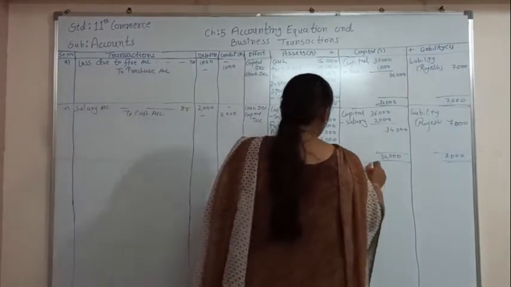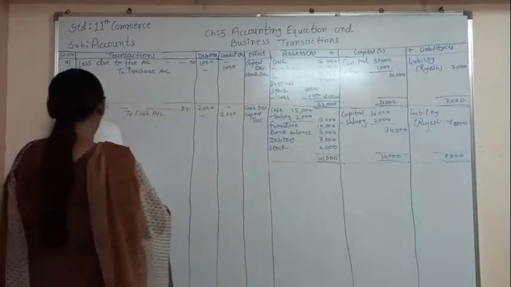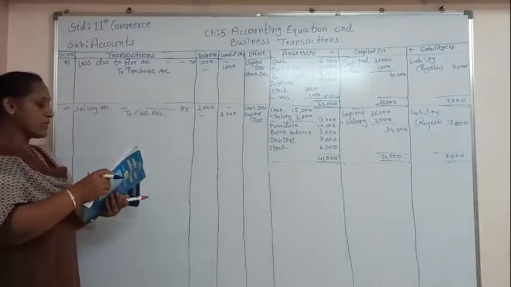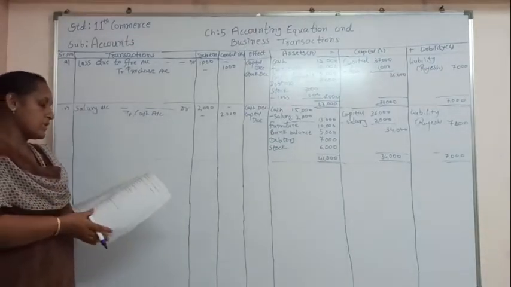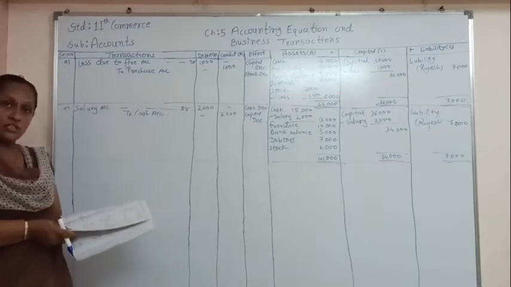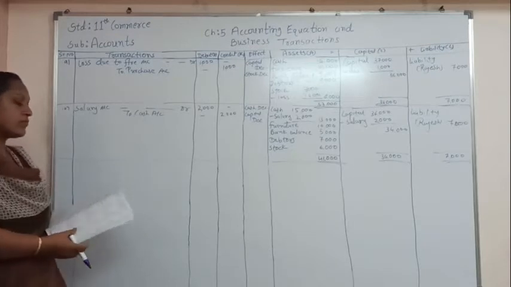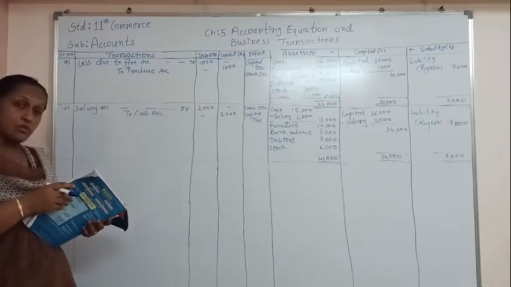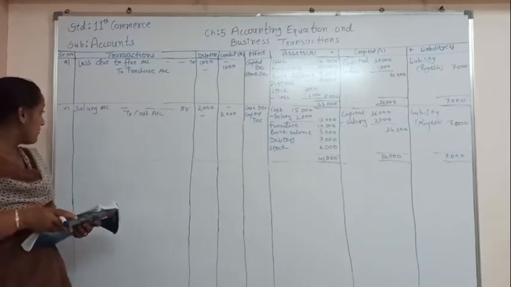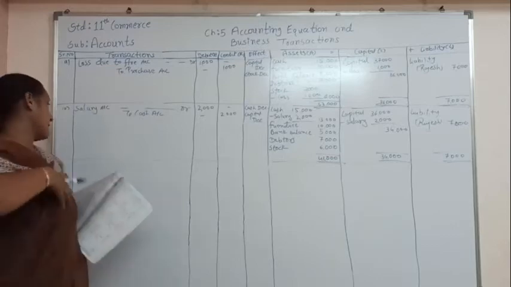Now let's see the next transaction, and next transaction is on date number 11, that will be salary outstanding is rupees 1,000. So here the salary account is going to be outstanding. So journal entry will be salary account debit to outstanding salary, and because of expense, capital is going to be decreased, as well as because we haven't paid salary, liability is going to be increased.